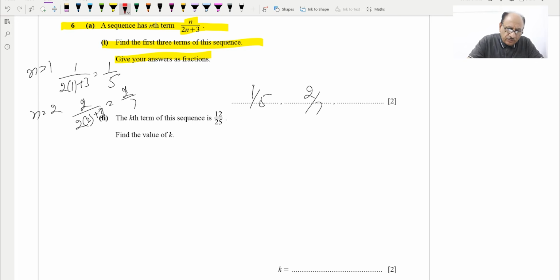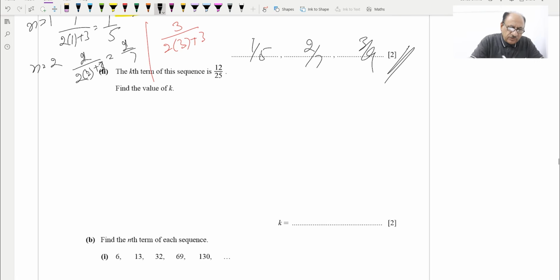And the third one, which we can find, this will be 3 over 2 into 3 plus 3, which is 3 over 6 plus 3 will be 9. So 3 over 9. This will be for 2 marks.